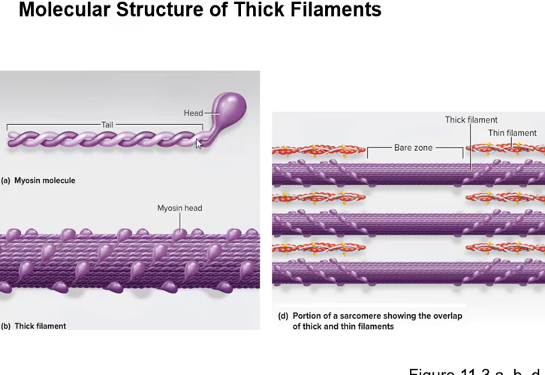Here's one myosin molecule, and then there's the head of it. So there's the golf club looking piece. And now we're going to have a bundle of these, and there are all the little heads sticking up, and they're all around. So this is nice. You can see it's a 3D effect. And that's what makes up your thick filament.